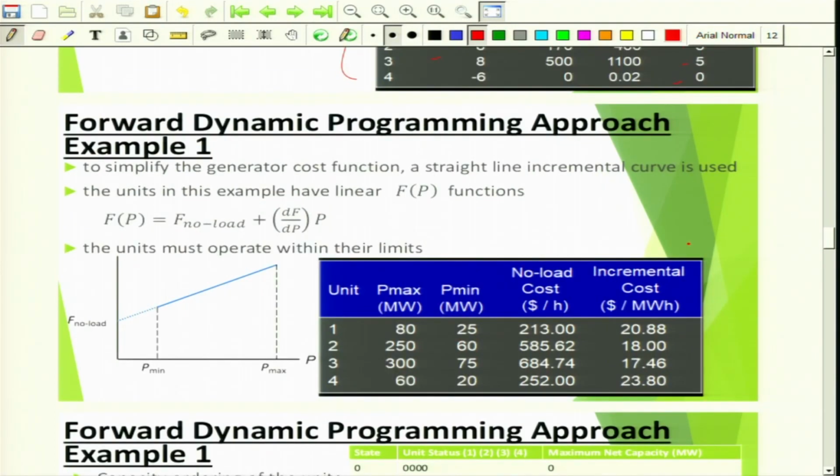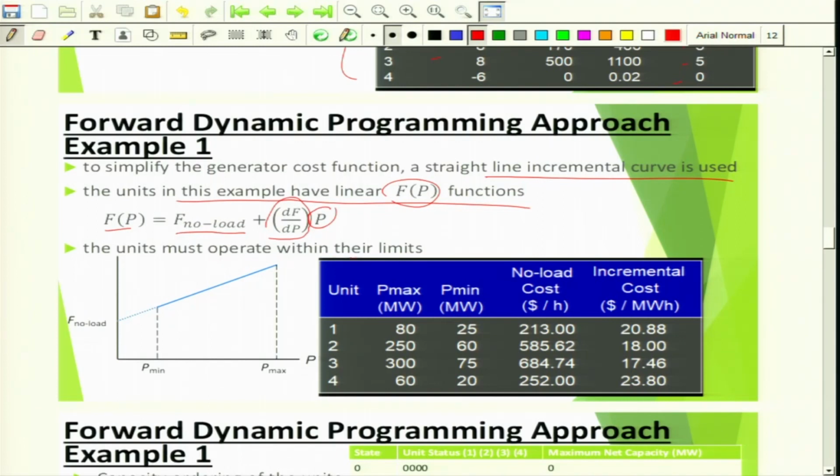Now to simplify the generator cost function, a straight line incremental cost curve is used. The units in this example have a linear fuel cost function. That means the fuel cost is the no load cost plus the slope, which is the rate of change of fuel cost with respect to the change in power, multiplied by the power, whatever the load that is being catered by the specific generator.